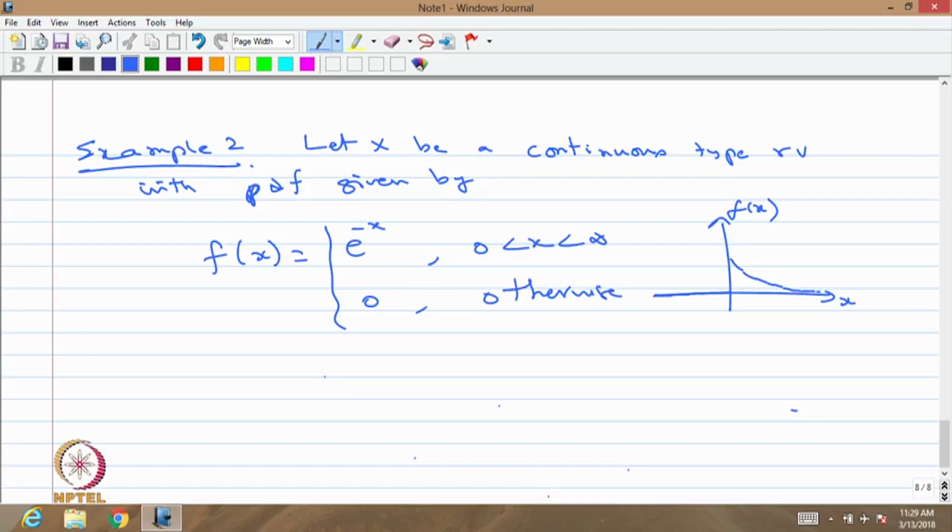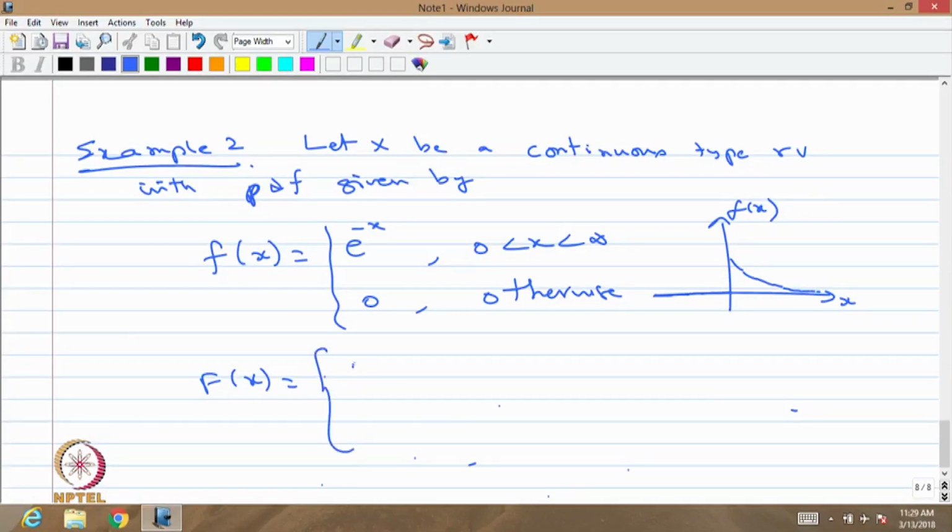From the probability density function you can get the CDF by integrating from minus infinity up to that point the probability density function. Since the probability density function is 0 from minus infinity to 0, the CDF is 0 there.